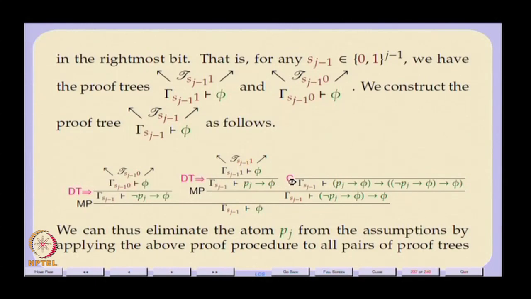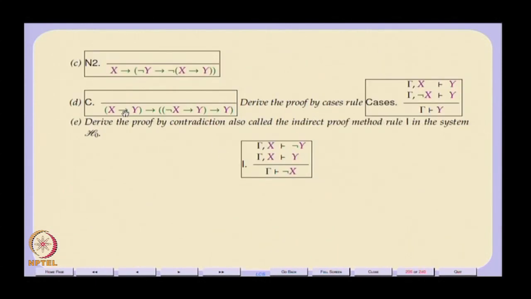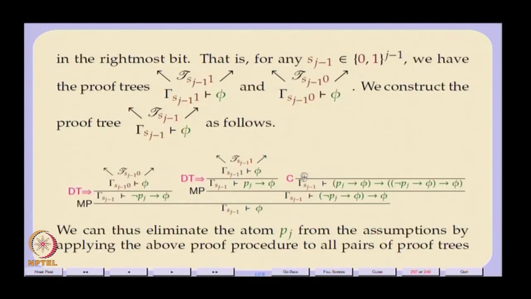And then we have this exercise of proof by cases, which says that x arrow y and not x arrow y implies y, essentially that is what it says. So, this is a proof by cases, and we essentially apply it. When you apply this proof by cases to these 2 conclusions, P j arrow phi and not P j arrow phi, you get that gamma S j minus 1 proves phi.